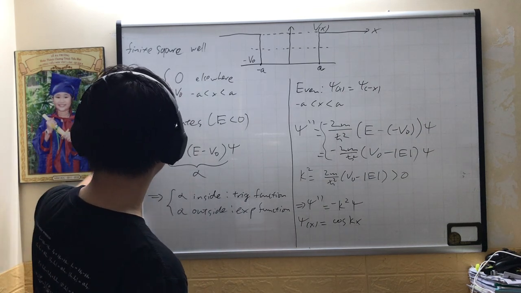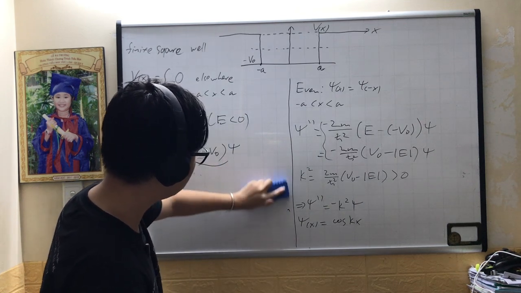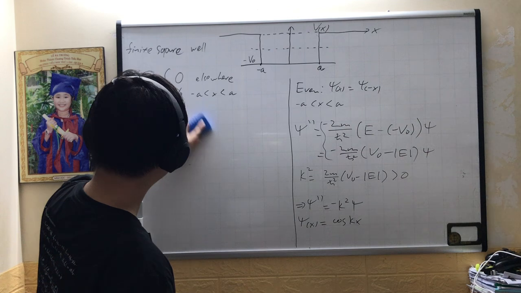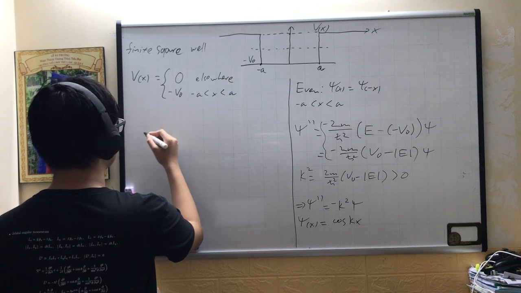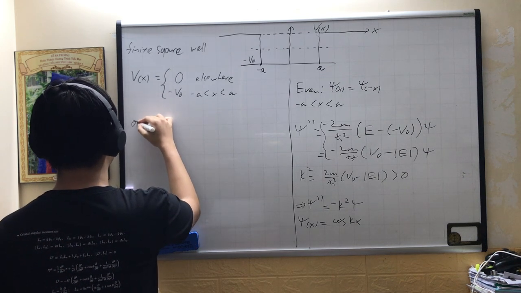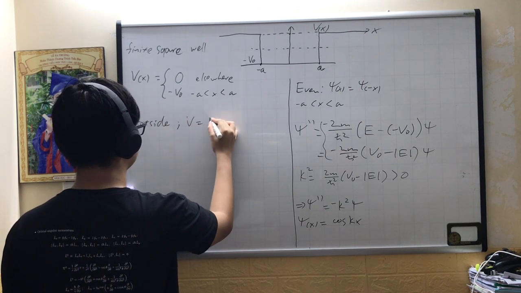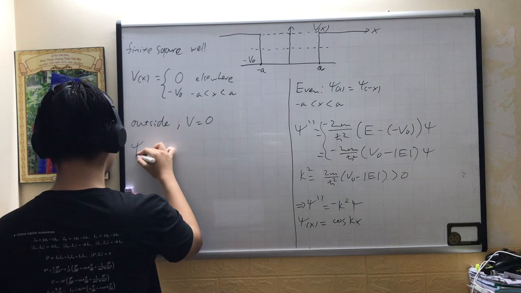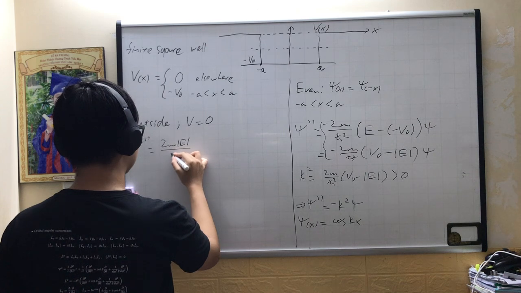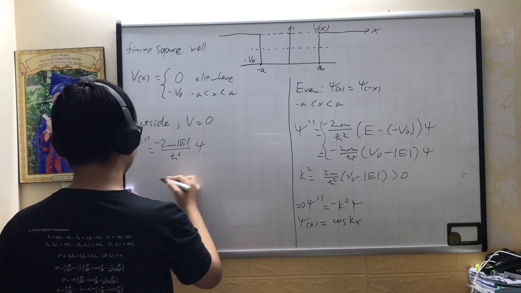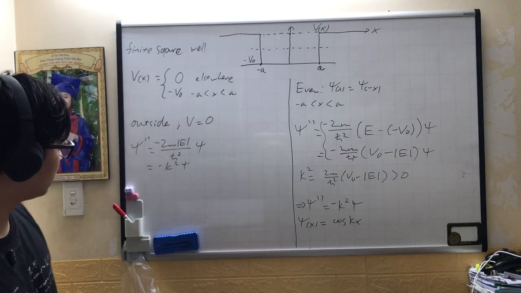Okay, that is inside. Now we're talking about the outside, where your V is 0. Just write outside. With V equal to 0, this would be the case, and this is k squared psi.